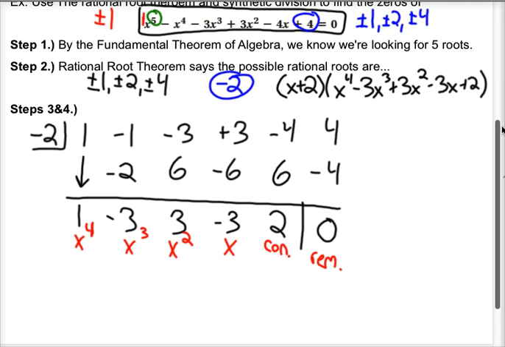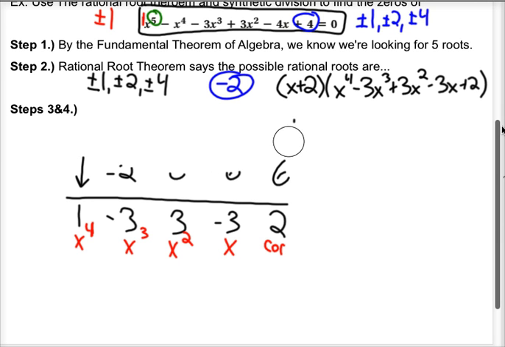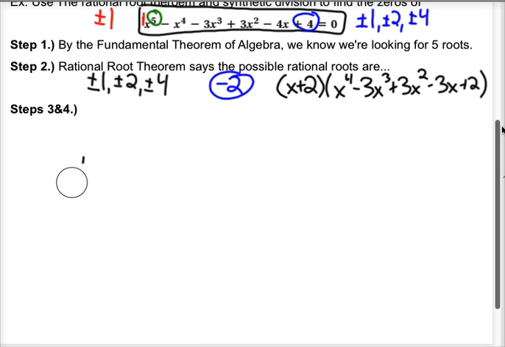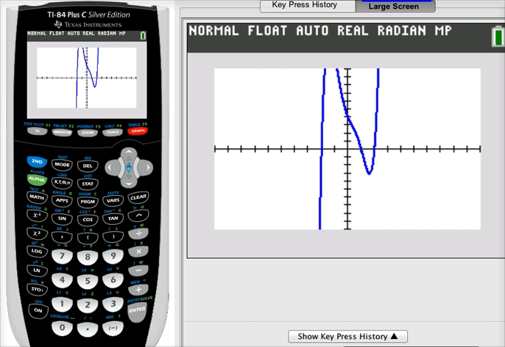So we factored out a piece of our polynomial. Now all we have to do is go back and do this process again with a new root. Let's take a look. I'm going to go back to my graph, and I also have a root at 1.